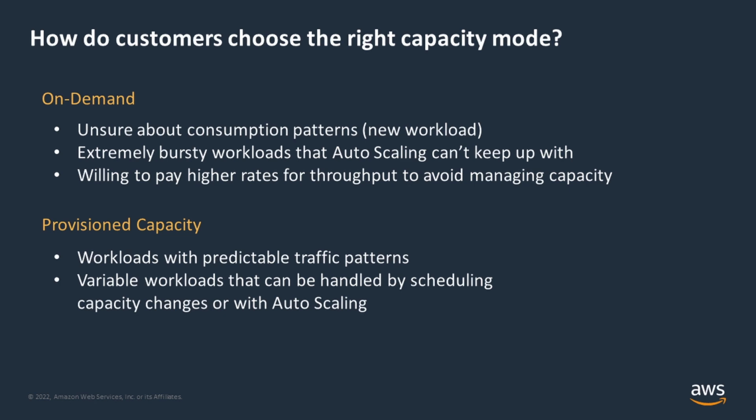So if you know at midnight of every day you're going to have a bulk load, you can still use the provision mode by putting a scheduled action onto the autoscaling service, and that way the table's minimum capacity will be adjusted. So it's not an I have a spiky workload or I have an ETL and I need to use on-demand kind of decision. Oftentimes the provision capacity with autoscaling mode can still be used in those cases. It really just depends how big is that spike and how predictable is that bulk load.